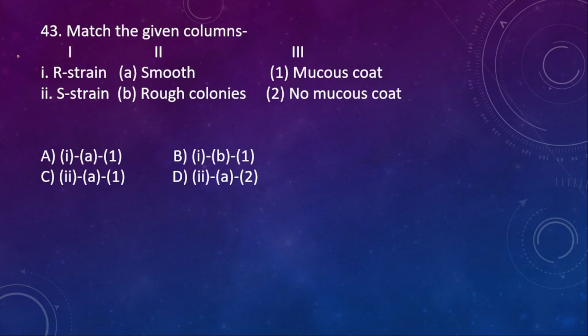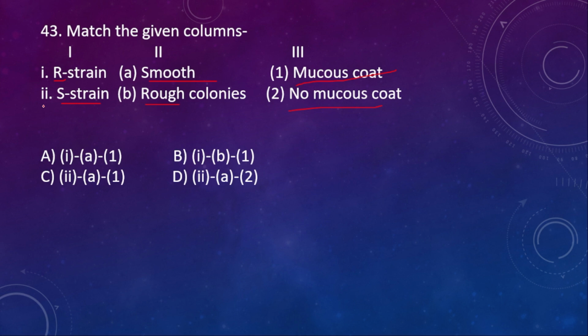Next, 43, a match the following type of question. Here the strains of the bacteria Streptococcus pneumoniae are given. R strain, that is rough strain, has rough colonies, whereas S strain has smooth colonies. Smooth shows a mucus coat, and rough doesn't have a mucus coat.